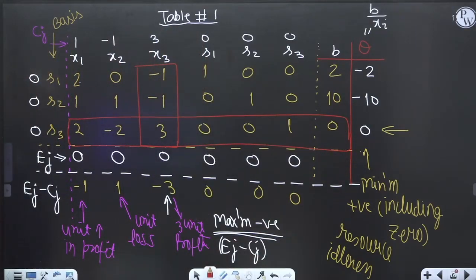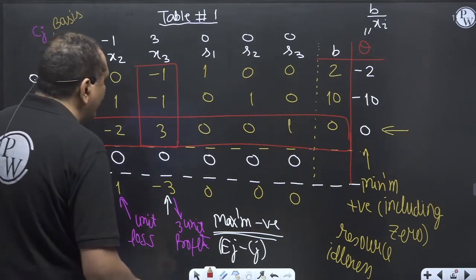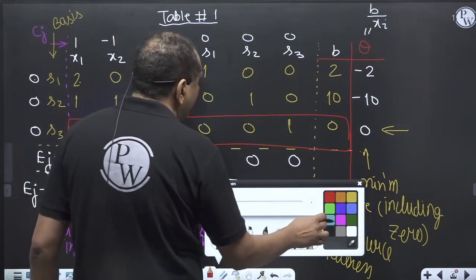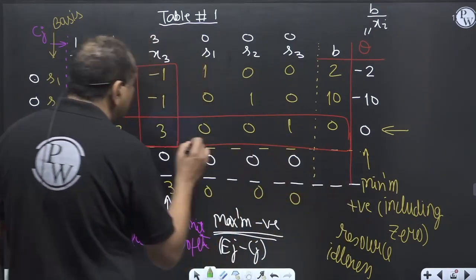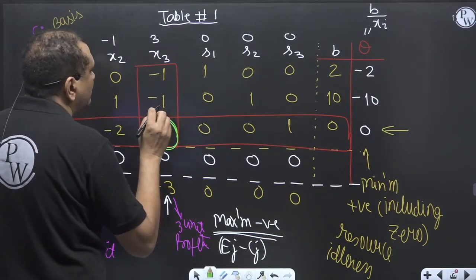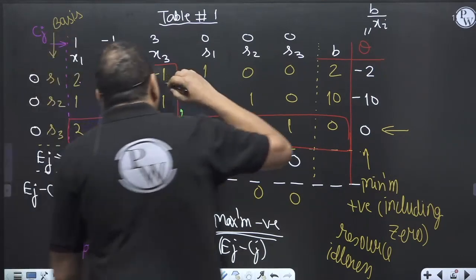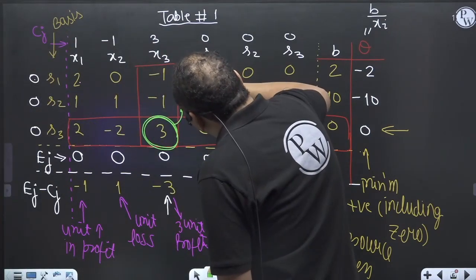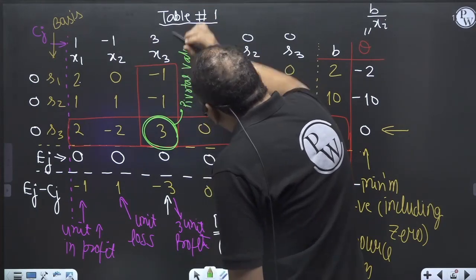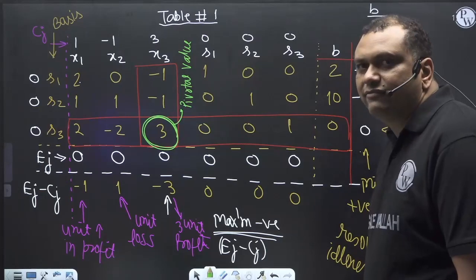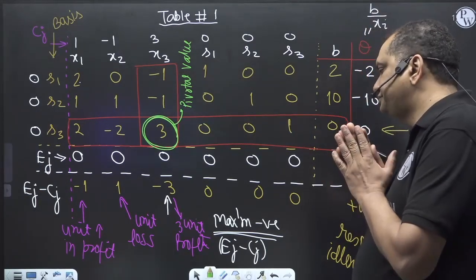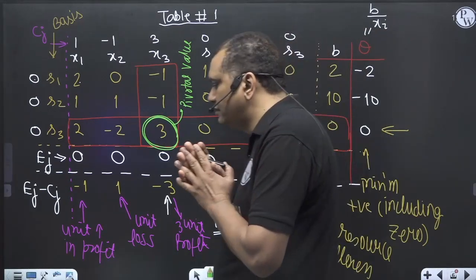Entering column. The intersection of column and row, that value is called the pivotal value.